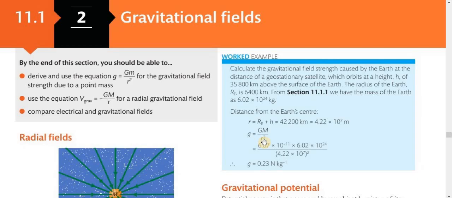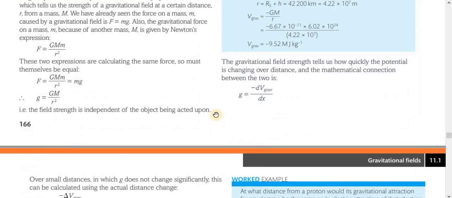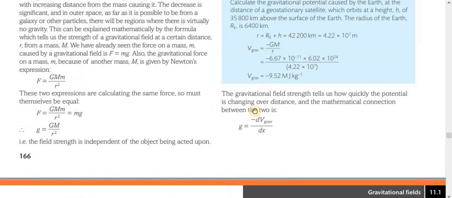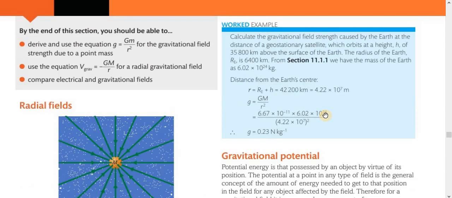Then we have r squared. r we already found over here. Then M is the mass of the Earth, because this is the big M. The mass of the satellite we don't consider because it cancels out when you use this equation. So the small m cancels out, the big M remains. The mass of the Earth is much greater than the mass of the satellite.